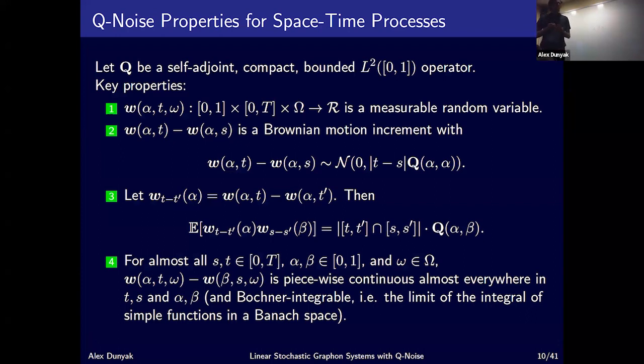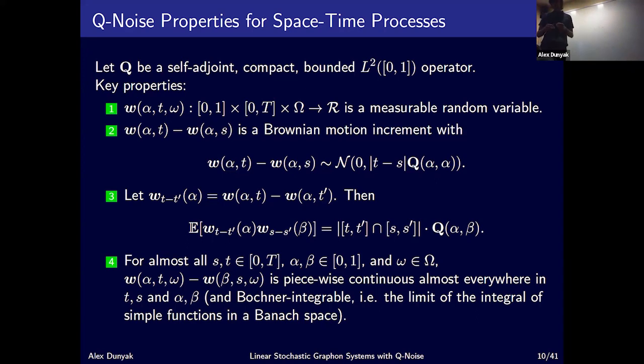We have a few simple properties that we're going to require these to have. We're just going to say that they are measurable random variables over the spatial index alpha, a finite time interval, and the set omega. Further, they have Brownian motion increments for a fixed alpha and over the time interval t to s, given by this first equation.